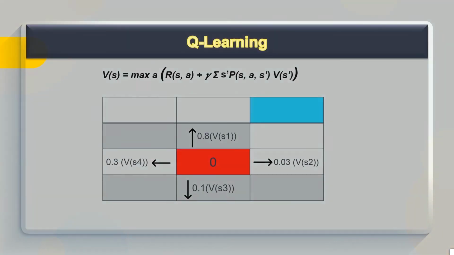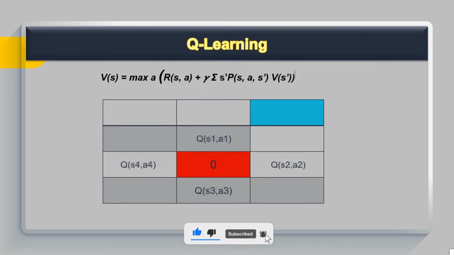So earlier we had 0.8 into V(s1), 0.03 into V(s2), 0.1 into V(s3), and so on. Now if you incorporate the idea of assessing the quality of the action for moving to a certain state, the environment with the agent and the quality of the action will look something like this.